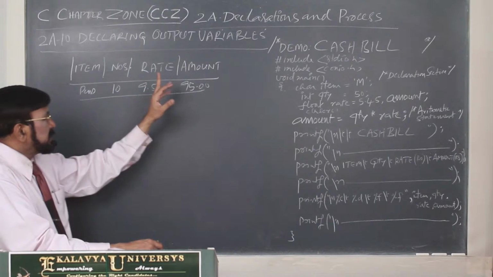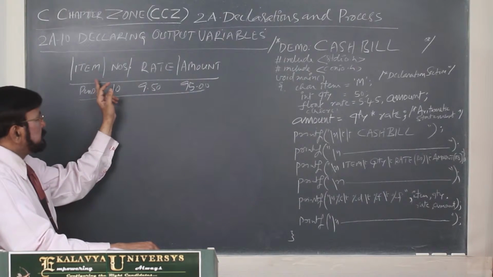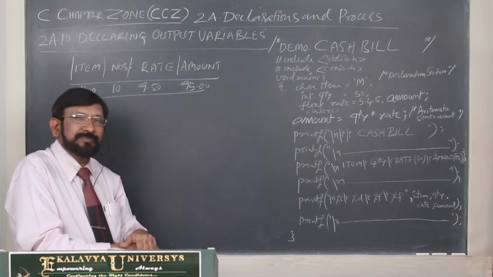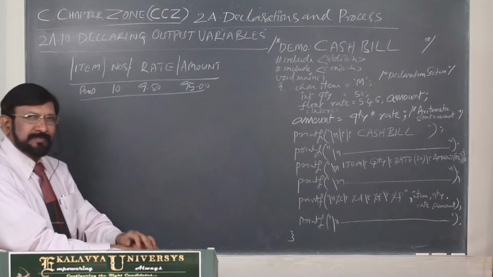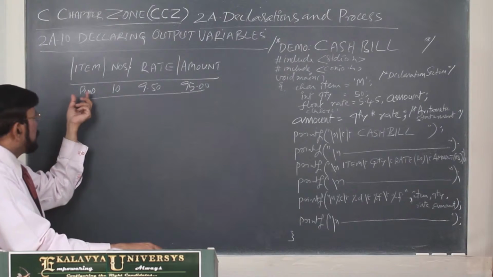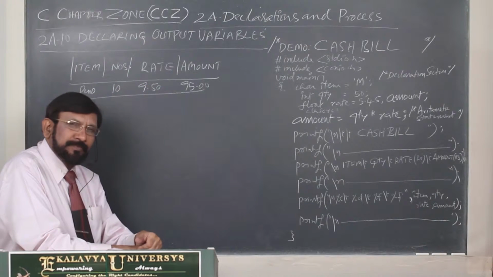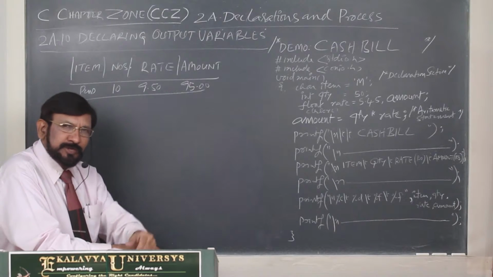So, four data items you have to declare. Actually, if you compare the three data items with this fourth one, it is different. How is it different? If you purchase from a shop, the shopkeeper issues a bill.